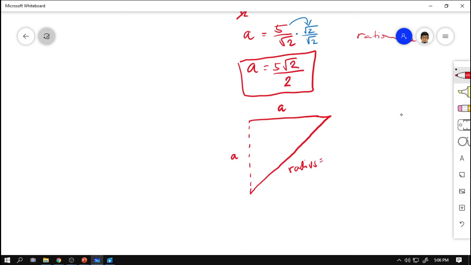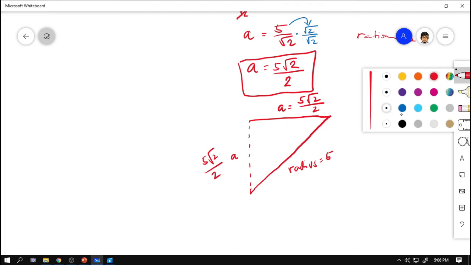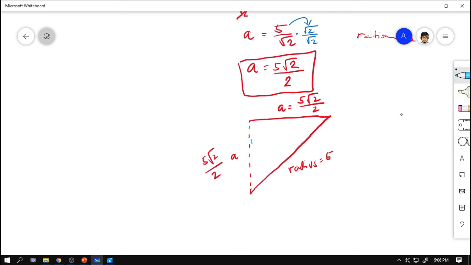Okay? Ang radius natin 5, ang A natin ay 5 square root of 2 over 2. So, kung 5 square root of 2 over 2 yan, ibig sabihin itong height natin dito ay 5 square root of 2 over 2 din. Okay? Now, remember that this side is the height. This is the height.